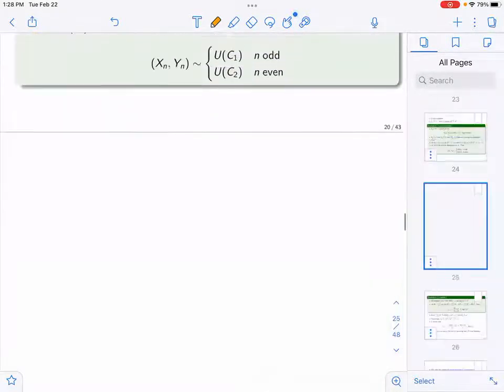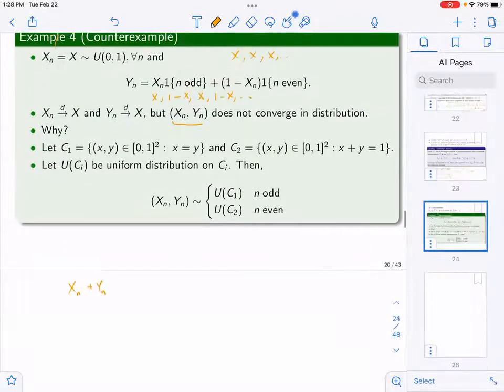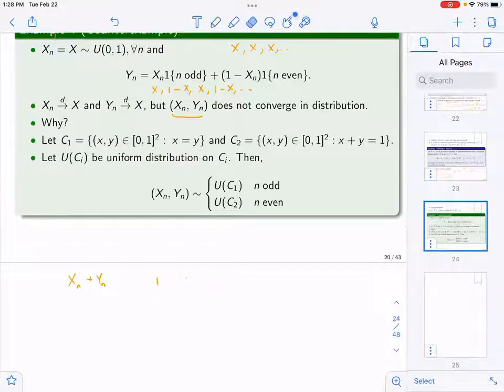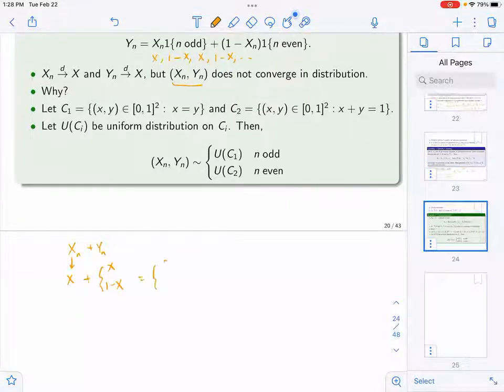The sum is going to be bouncing: x_n is always X, and y_n is sometimes X, sometimes 1 minus X. So you're saying the sum would be either 2X or 1, right? And if you use your expectation definition.